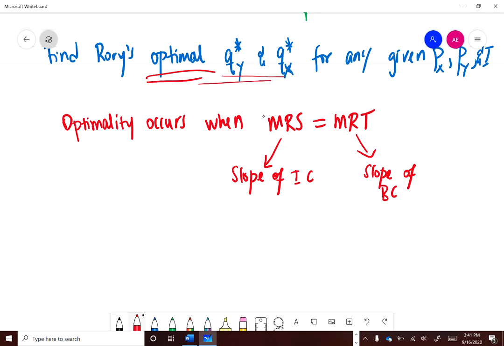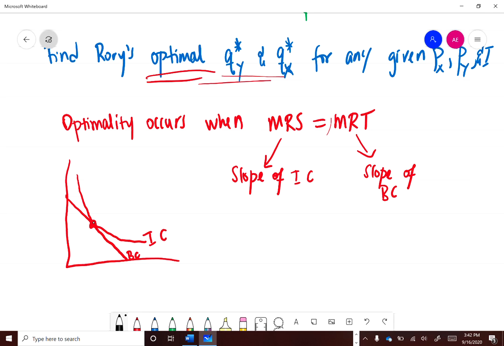So visually, what this equal sign means is that Rory is going to pick the combination of goods that sets these two slopes equal to each other. In other words, this is our indifference curve, budget constraint. She's going to pick the combination of goods here, the optimal point, that makes her the happiest, right?